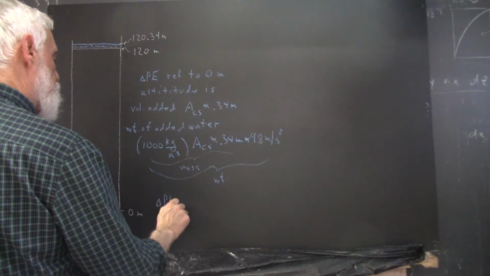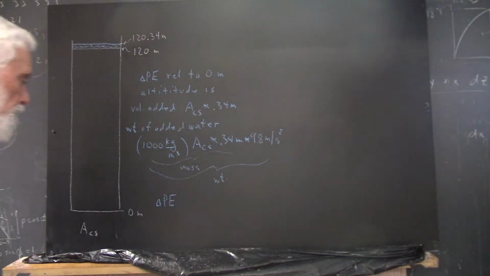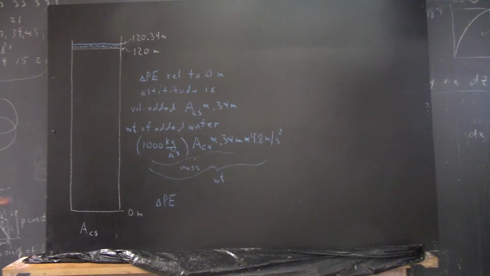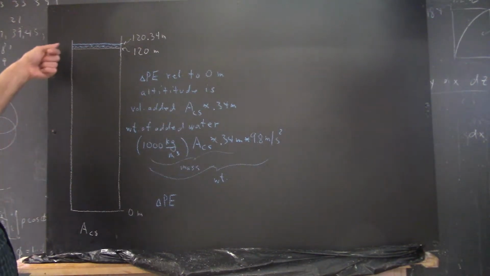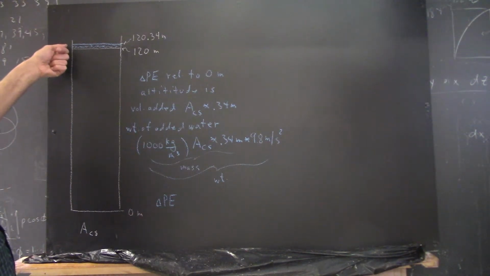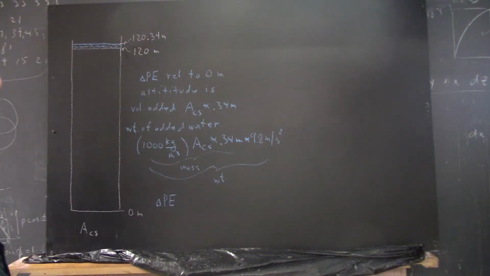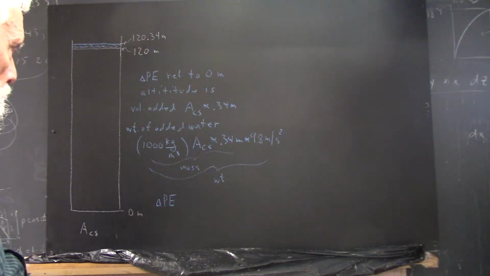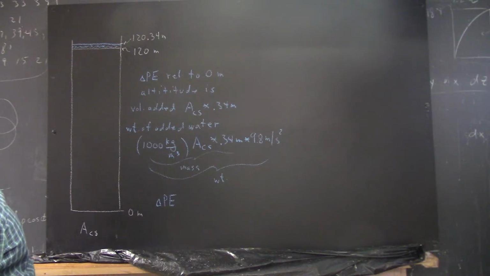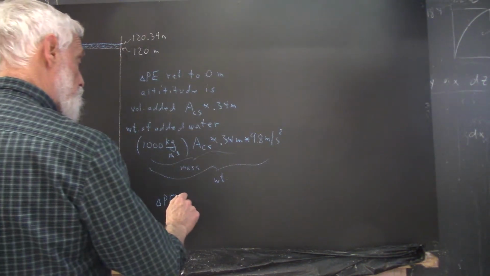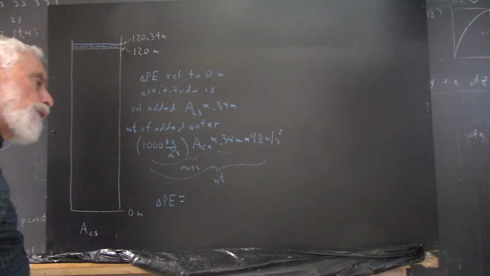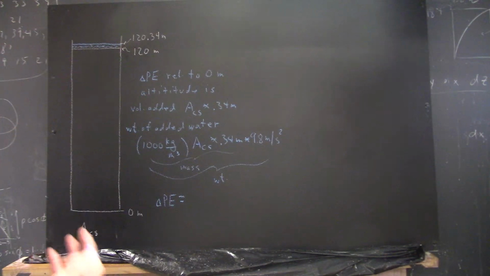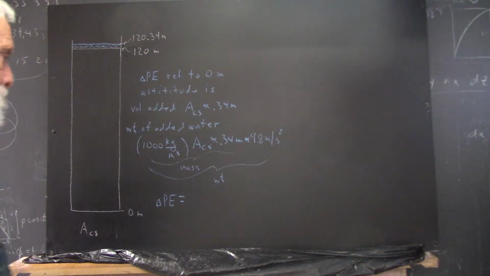the change in the potential energy of the system due to this, if we're assuming that we're pumping the water from here up to here so that later on we can return it from here down to here, the change in potential energy is going to be equal and opposite to the work done by conservative forces.